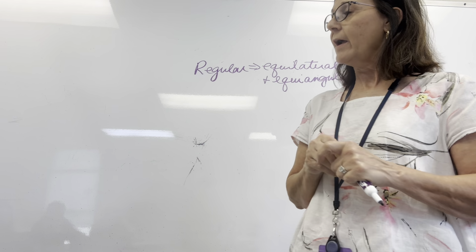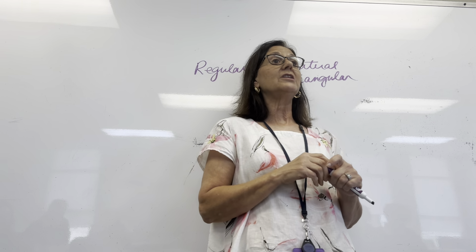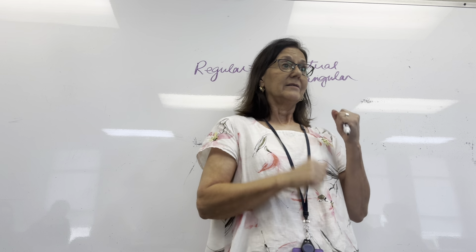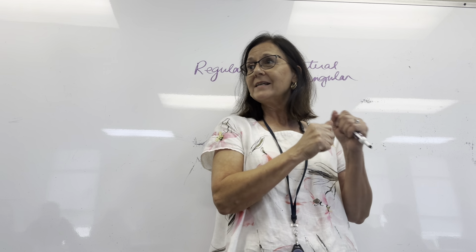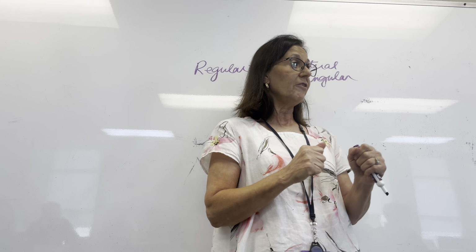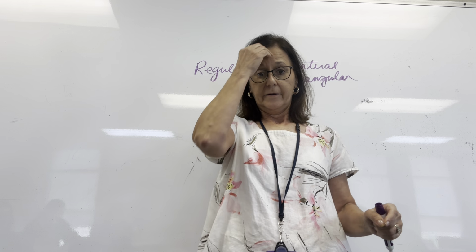The next one is a regular hexagon. We are going to focus a lot on a regular hexagon. So let your little radar antenna go up, because a regular hexagon is going to be different from every other one. It is a special case. All right?